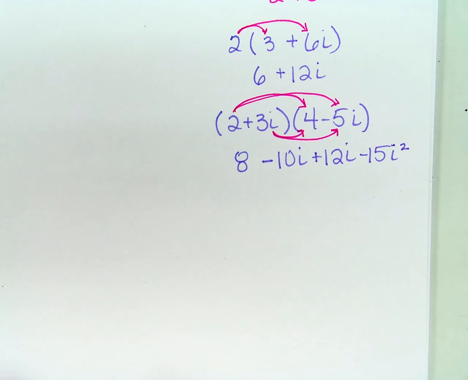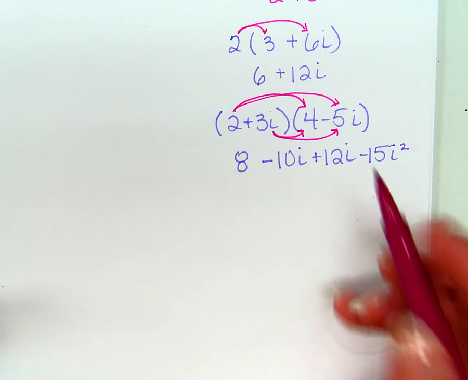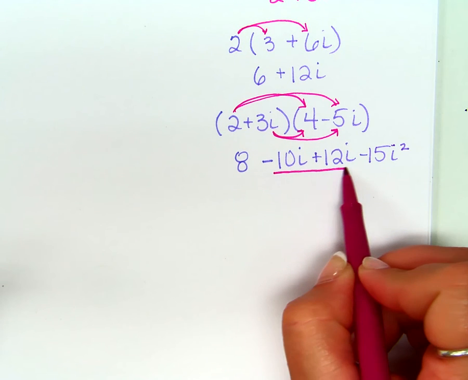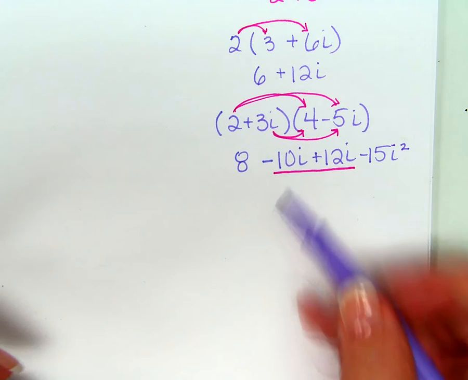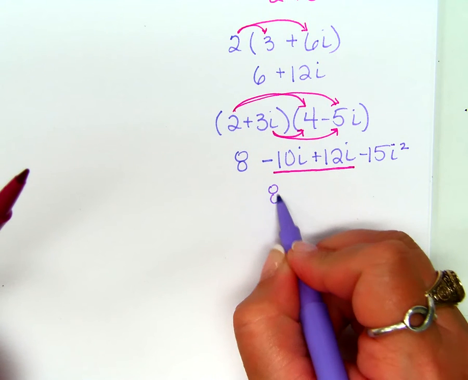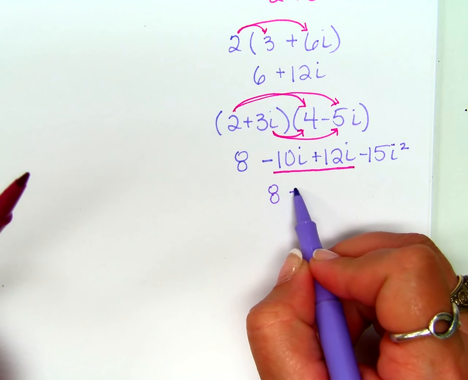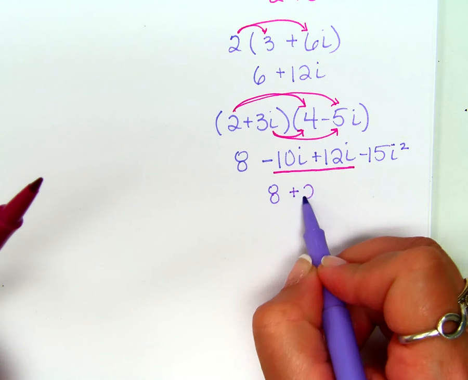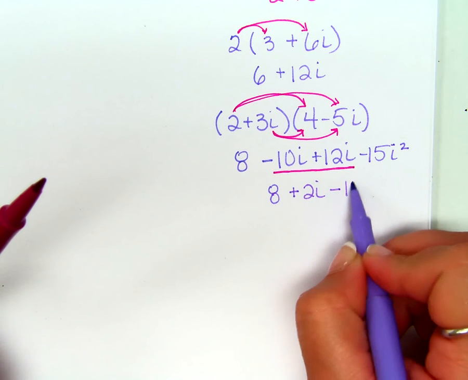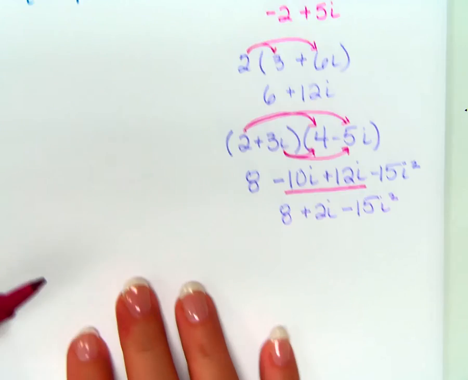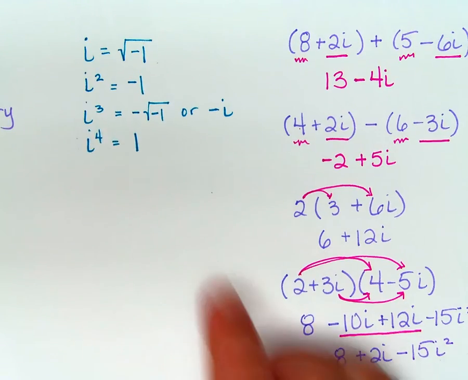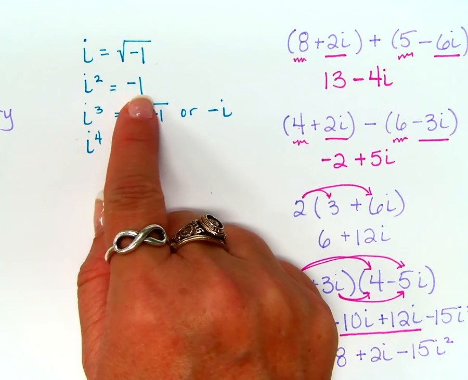Well, what can I do from here? I should be able to add my like terms, right? My imaginary terms, right? So that should give me 8. Close. Can it be plus 2i? Sure can. Okay. And then I've got this weird 15i squared going on. But something should remind me about what I know about i squared.